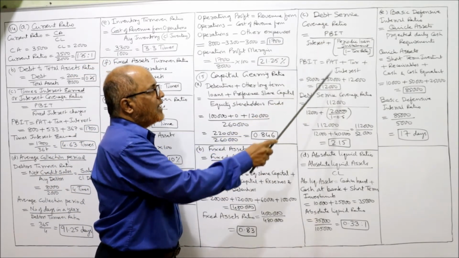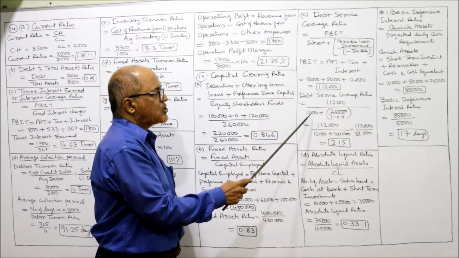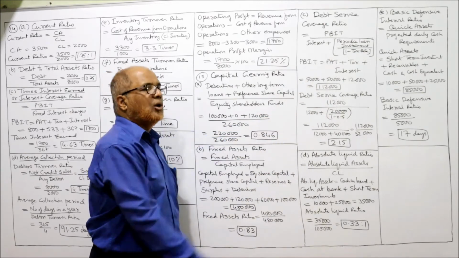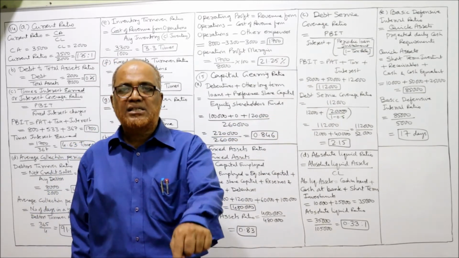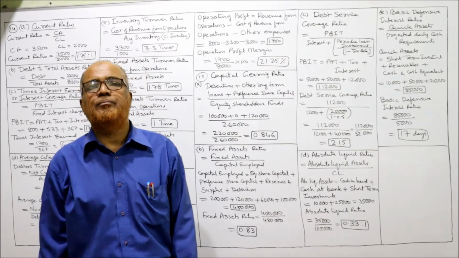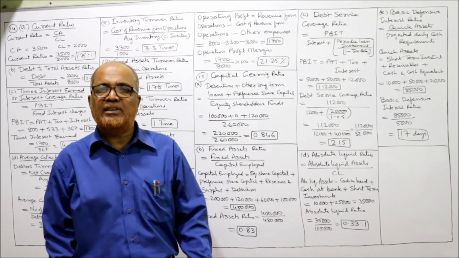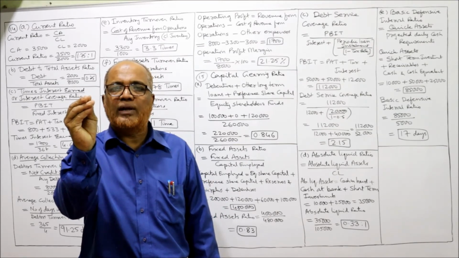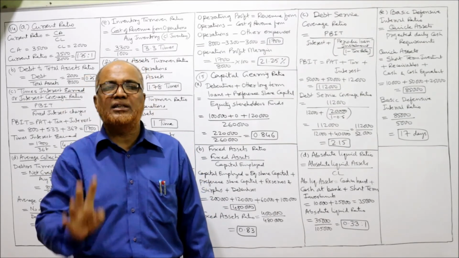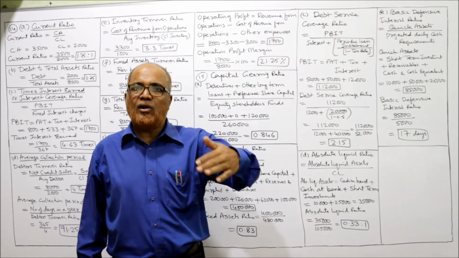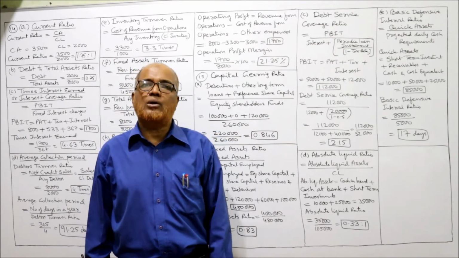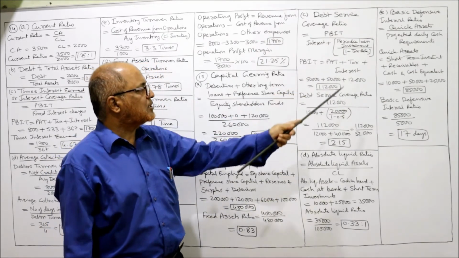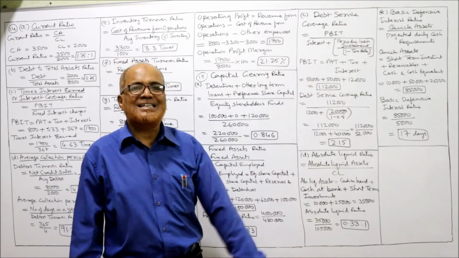Now substitute PBIT 1 lakh 12,000, interest charges 12,000 plus periodic loan installment, that is given in the additional information in the problem. Last sentence it is given that debentures are redeemable in 5 annual equal installments, each of rupees 20,000. So every year periodic installment paid is 20,000. So 20,000 divided by 1 minus tax rate.